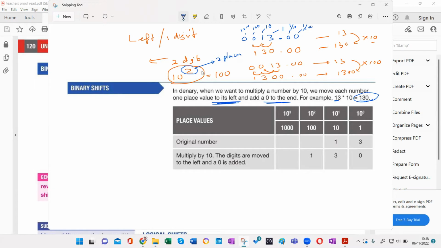And if you write it as a power value and get the value result, you get 100. So 100 is the value that the original was multiplied by. So 2 places to the left, the original value got multiplied by 100 because 10 to the power 2 is 100.